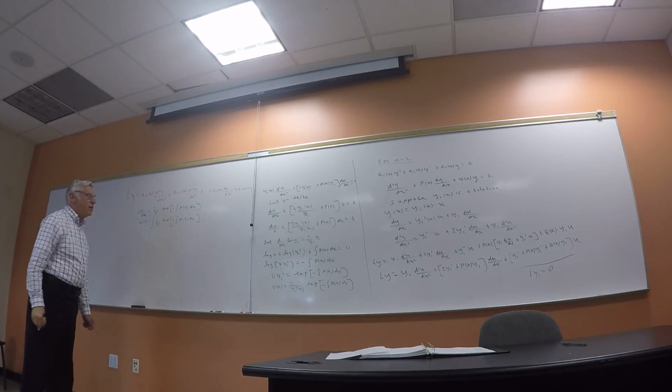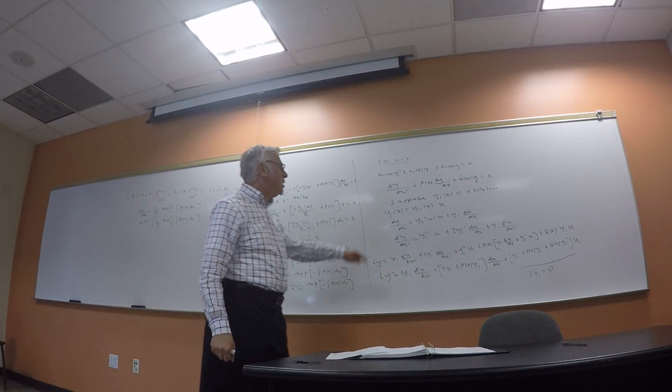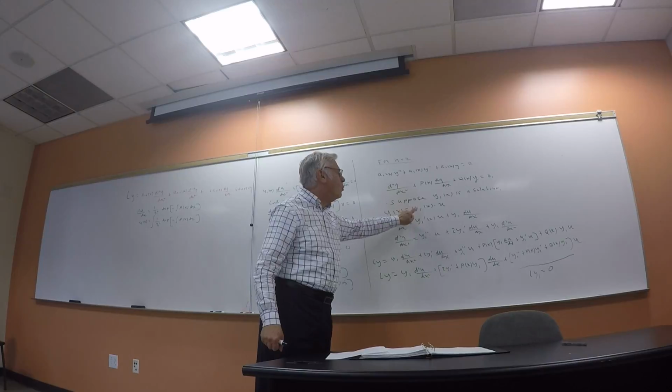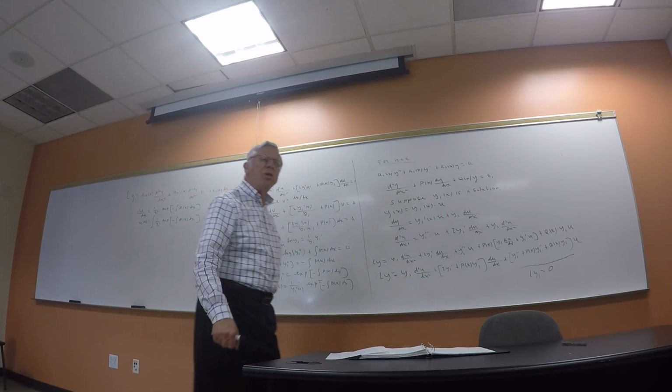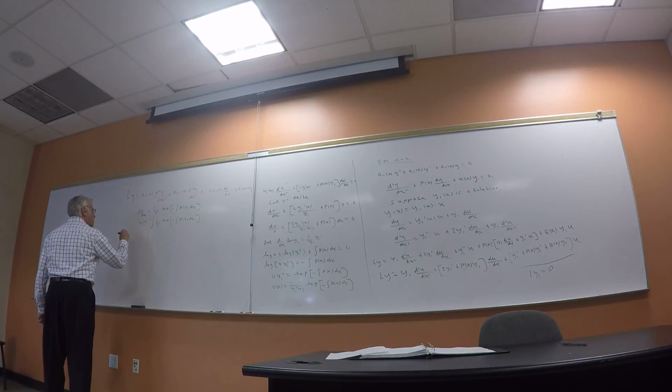Final step, okay, what's the second solution? When we started this whole thing, we said let the second solution be of the form y1 times u. And I'll put a little subscript on that, y2, to remind you it's the second independent solution.